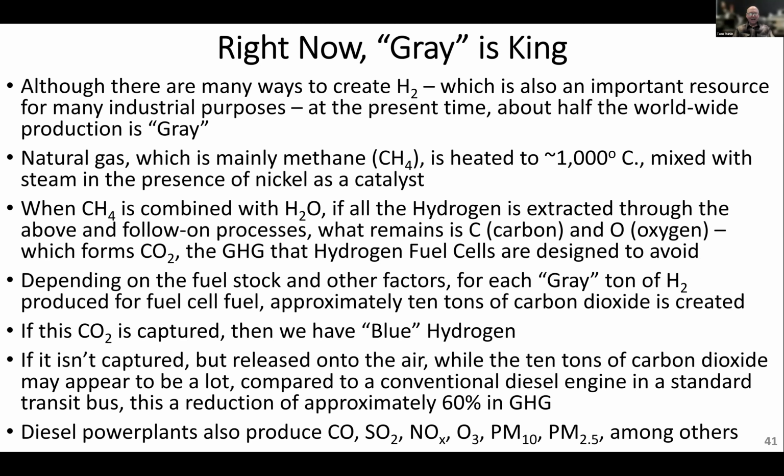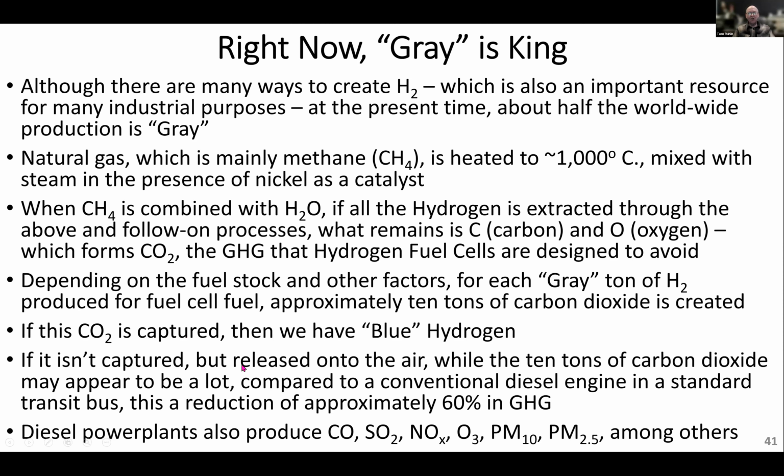Okay. Now, if you have a capture of the CO2, then you are making blue hydrogen. And you don't allow it to escape. And so that's good for the greenhouse gas, but then you have to do something with the CO2.